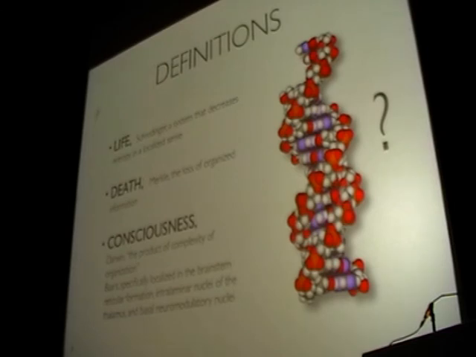So we looked at some of these basic things. We looked at some definitions for life, and it's interesting that the topic of entropy, the second law of thermodynamics, has come up in the last couple of sessions here.